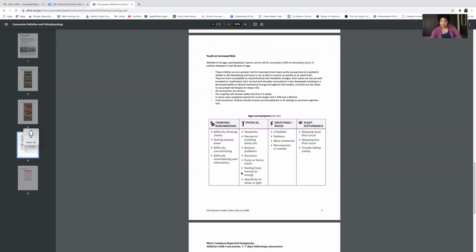And so if you notice here, you can have all of these symptoms with a brain bleed too, but what you're not going to see here, if you notice for concussions, you don't see blood pressures dropping. You don't see extreme vital sign changes, like your heart rate changing severely, like your blood pressure.